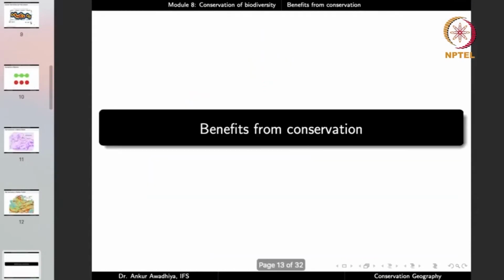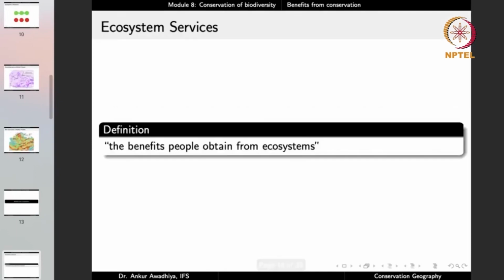So when we talk about these benefits, what are the benefits that we get from conservation? Now, we can classify the benefits in certain categories, but the umbrella term used for these benefits is ecosystem services. The benefits that people obtain from ecosystems, and typically well functioning, resistant, and resilient ecosystems.